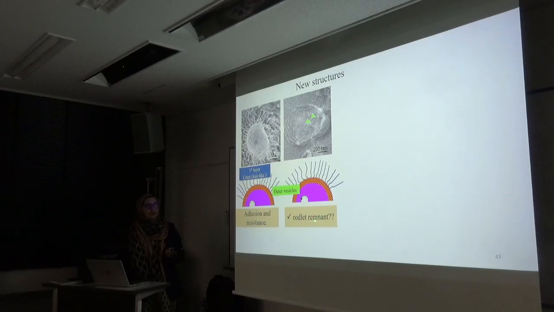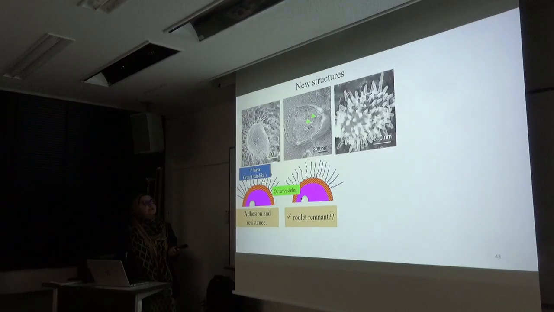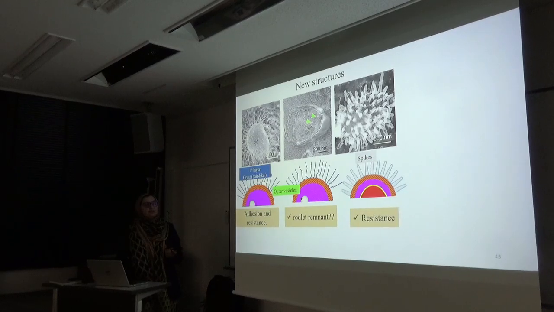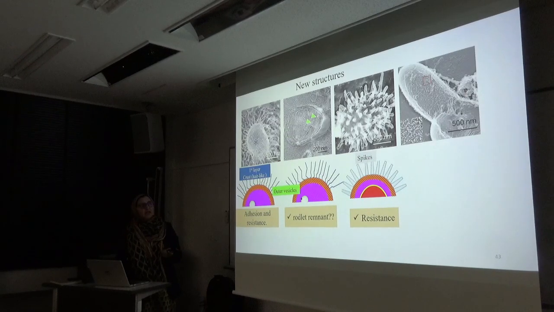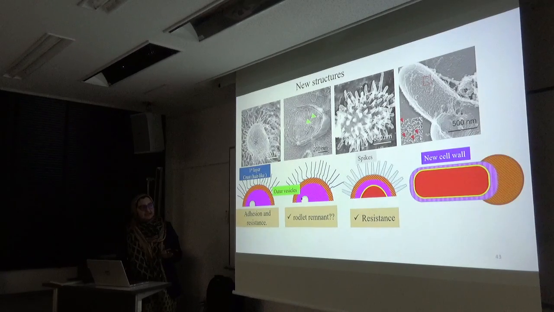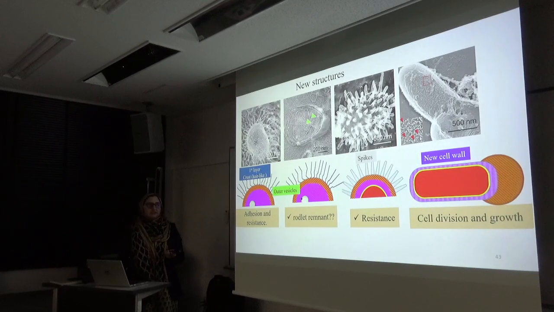They can be rodlet remnants, or maybe they have some other function, but we still need future experiments. Next, I could see the spike-like structure at native resolution, and these spike-like structures also provide resistance. And last but not least, we could see the surface of the new vegetative cell. Further, it will help with cell division and the growth of the cell.